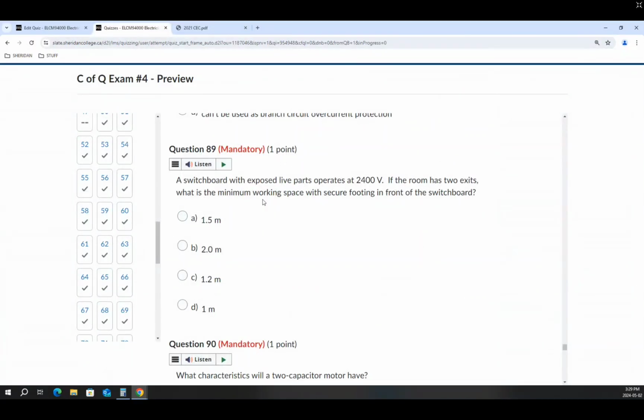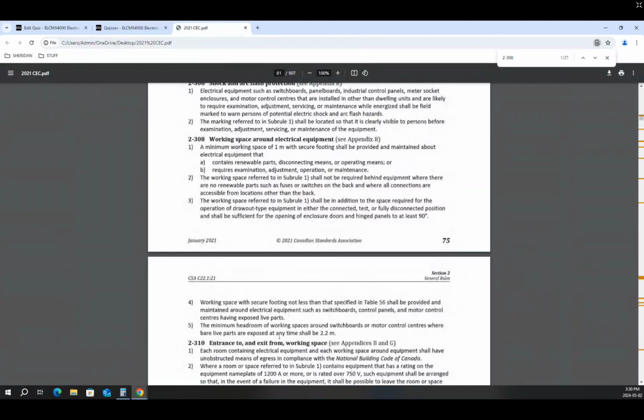Switchboard exposed live parts. If the room has 2 exits, what's the working space? So I need to go to table 56.